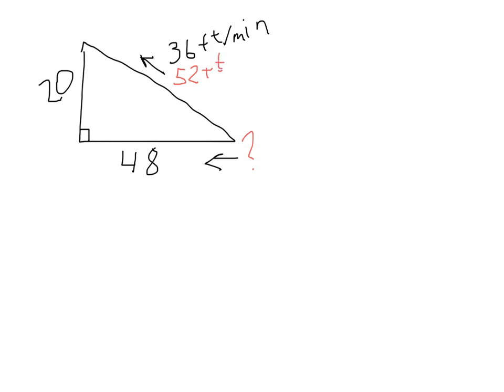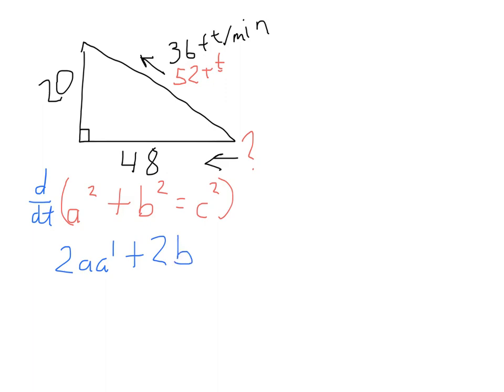Let's go ahead and write our equation. A squared plus B squared equals C squared. We're going to take the derivative of this with respect to time, because over time the lengths of these sides of this triangle may be changing. So the derivative is 2a times a prime plus 2b times b prime equals 2c times c prime.